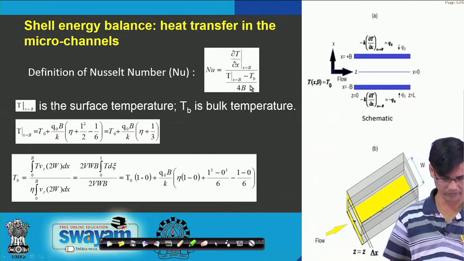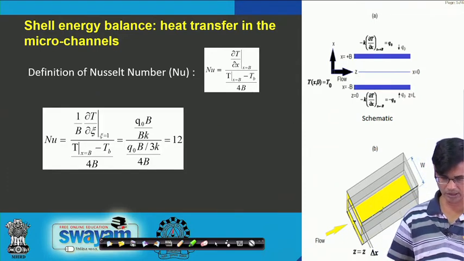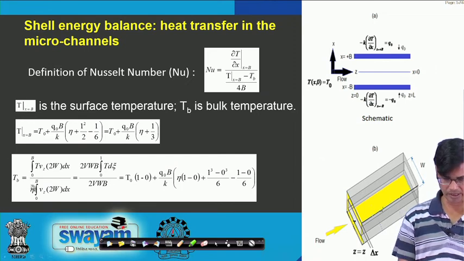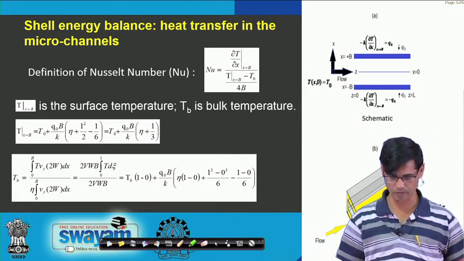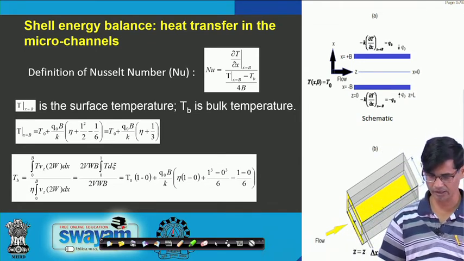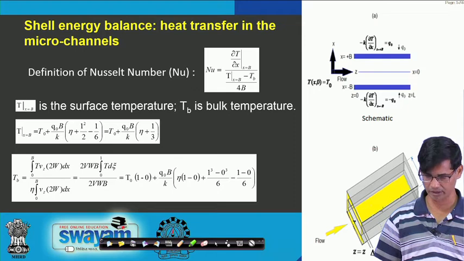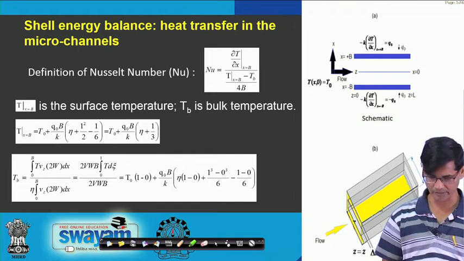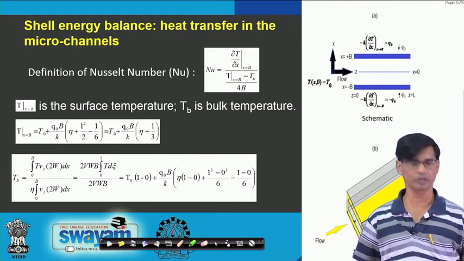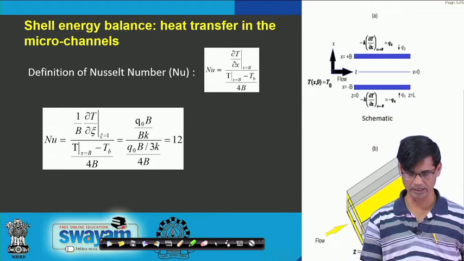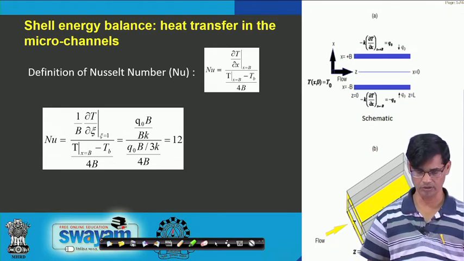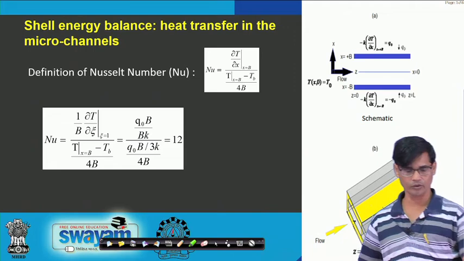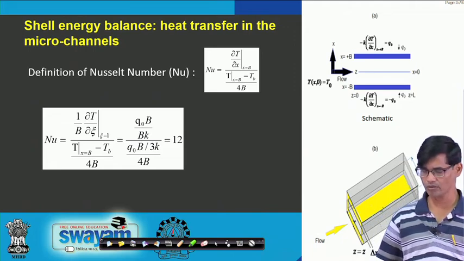The bulk temperature depends on the area of cross section of the channel, and it is the integration of this temperature over the cross section, which is the definition of bulk temperature. Now this Nusselt number can be defined as 12 for this case, where the velocity is constant throughout the cross section.